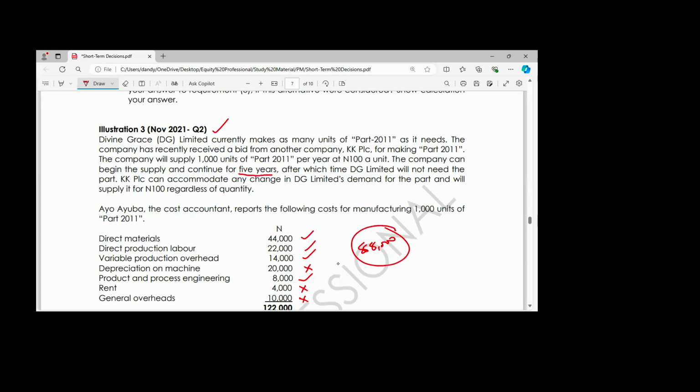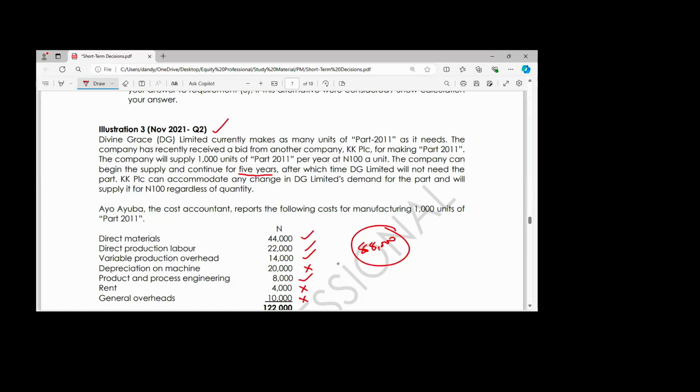I need to calculate the annuity factor for years 1 to 5 and multiply it with 88,000. That will give me the total present value for internal production.